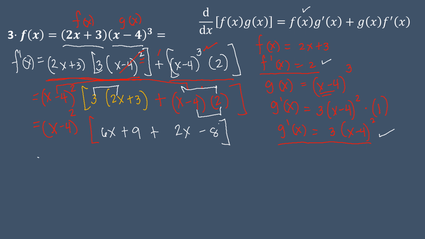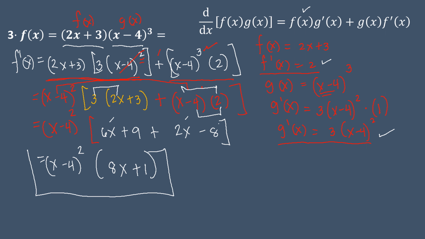So we have x minus 4 to the power of 2 times the 6x and the 2x combined, 8x, and positive 9 plus negative 8 will give us a sum of 1. So therefore, this is our derivative in number 3.